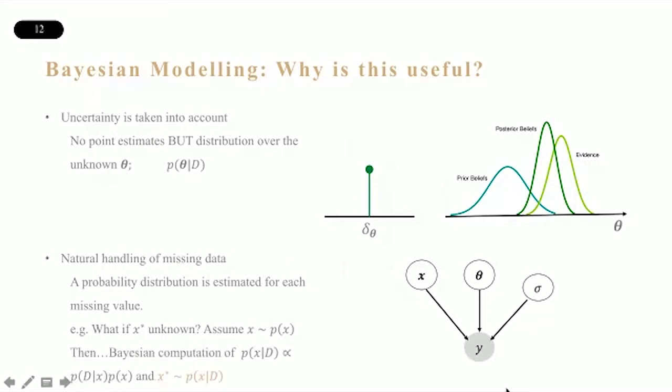By following the Bayesian computation, I can compute the posterior, and I can sample the unknown value from the updated posterior.